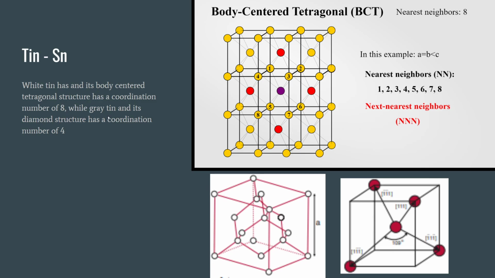Now we do this with both white and gray tin, as they have different coordination numbers due to having different lattices. See here at the top, you get the coordination number for white tin of 8, and in the bottom here, the coordination number for gray tin of 4.